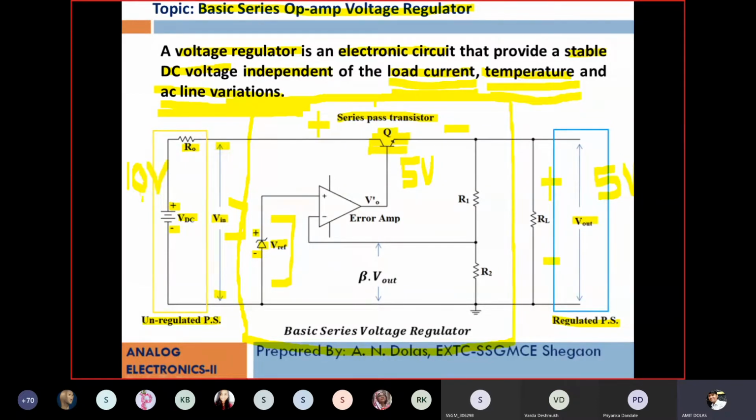Suppose due to any reason VDC decreases to 9 volt.